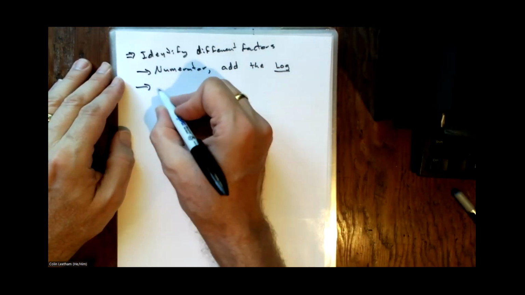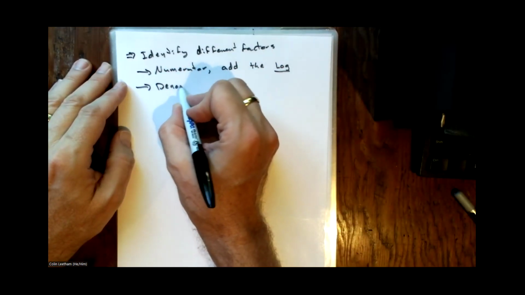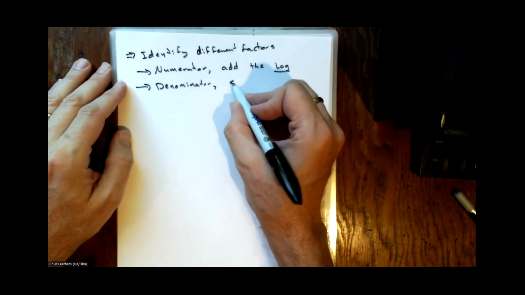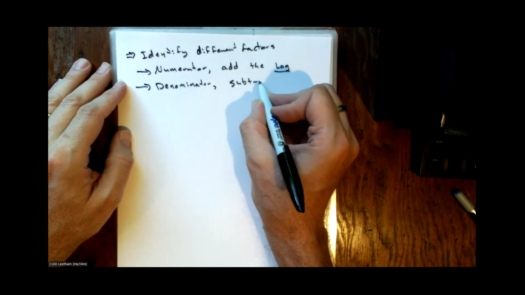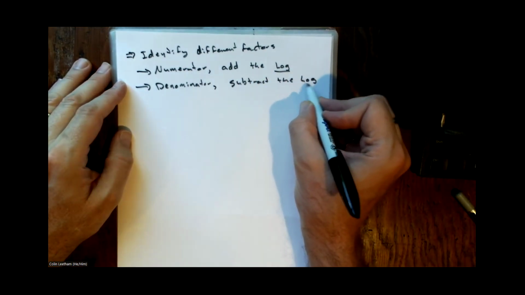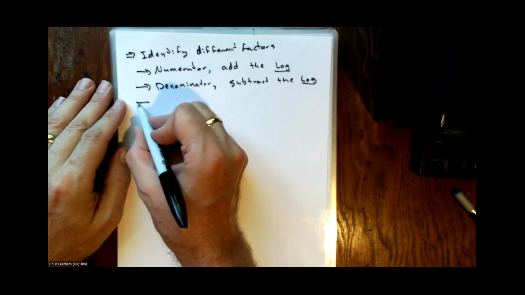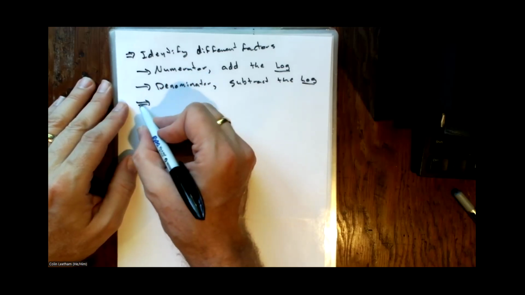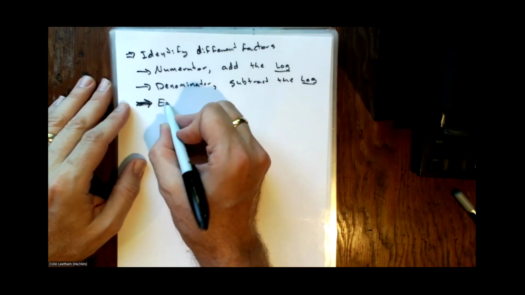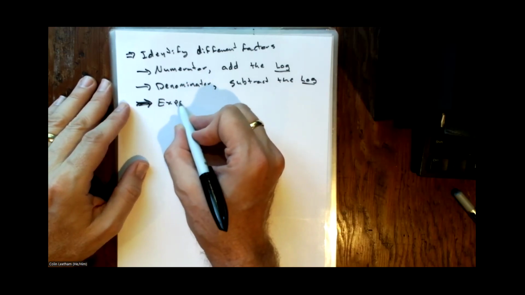If it's in the denominator, you're going to subtract the log. And each of the exponents on those is going to become a coefficient.